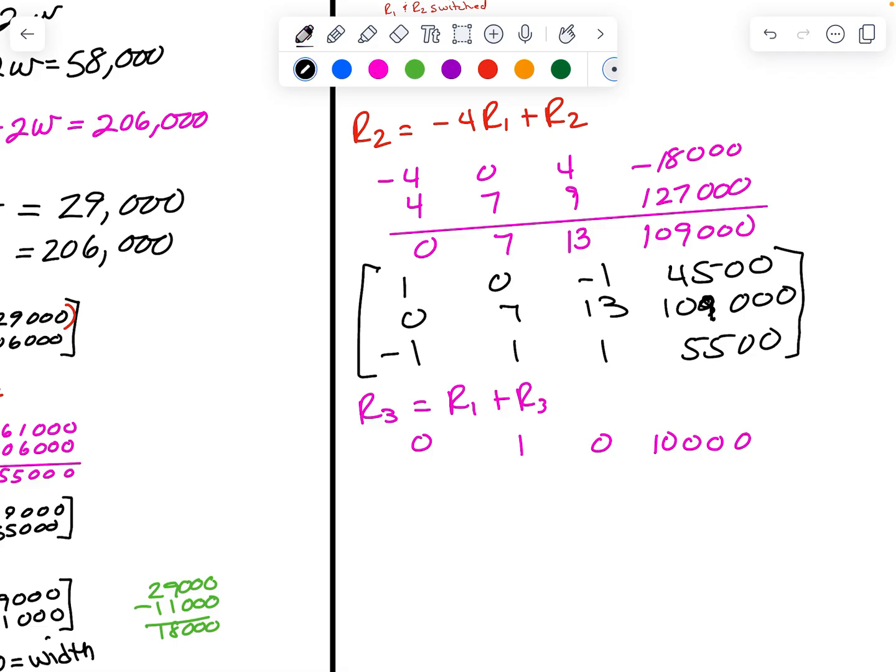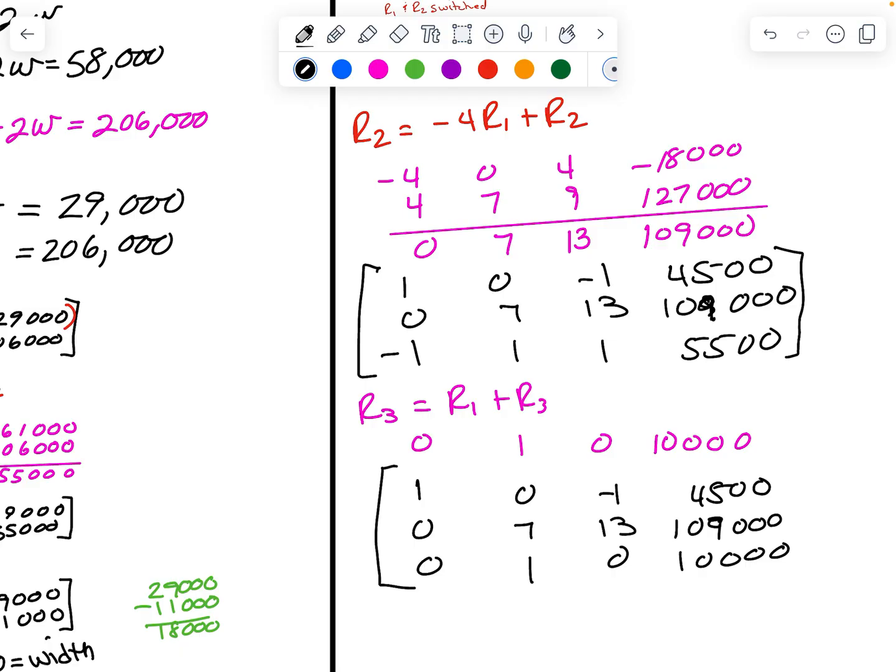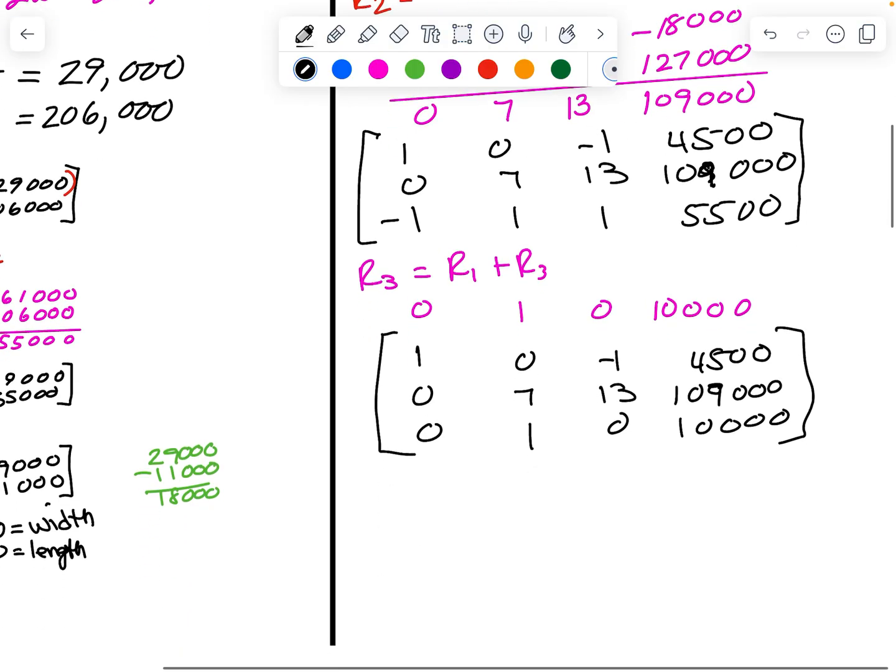So then my matrix is 1, 0, -1, 4,500, 0, 7, 13, 109,123, and 0, 1, 0. Oh, I forgot to make the 7 a 1. 7 needs to be a 1. I should have done that earlier, but that's okay.